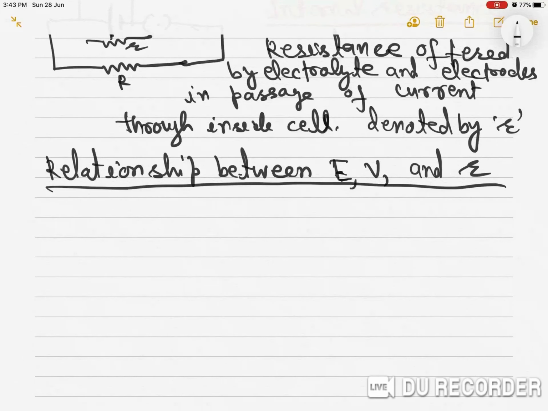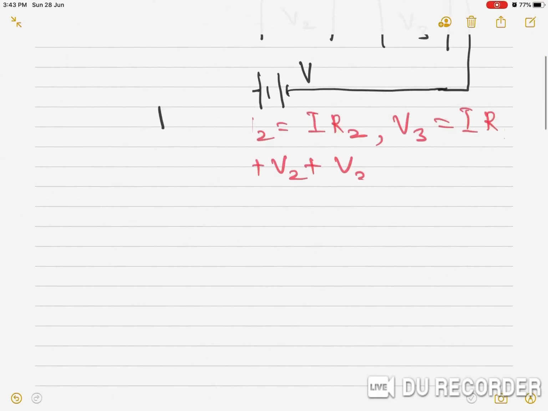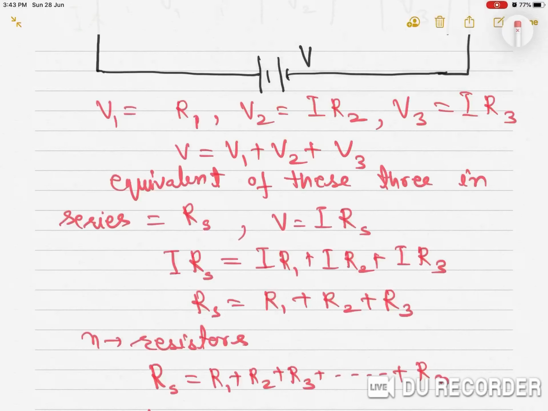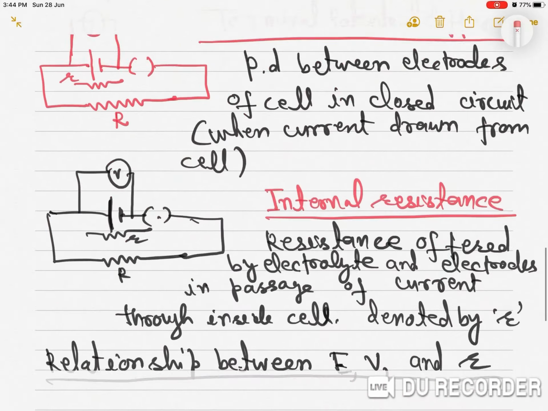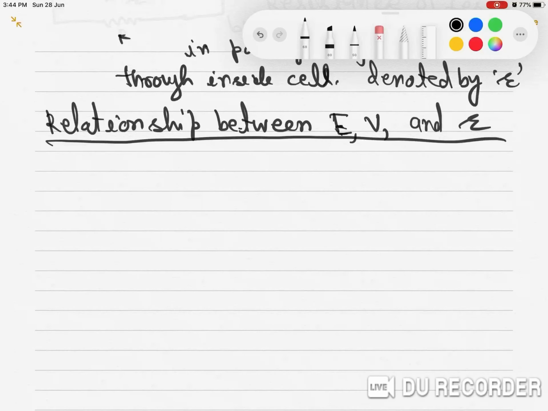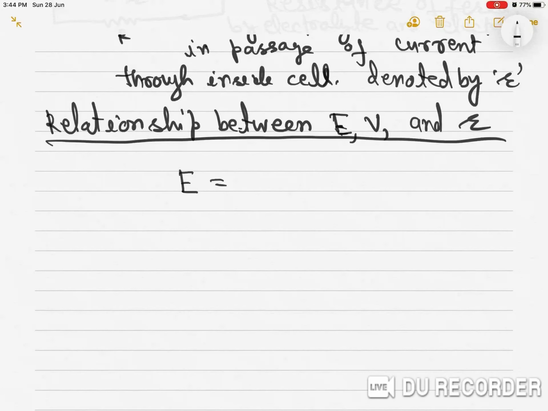The EMF E is equal to V plus I r, because V is here only the current flowing outside the circuit and resistance.